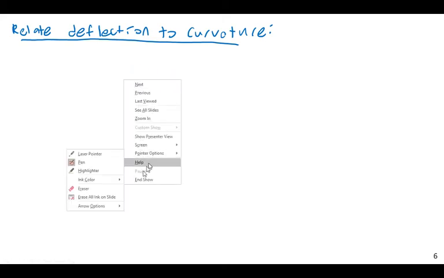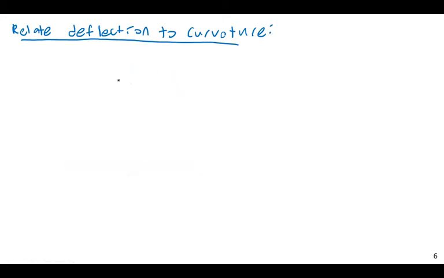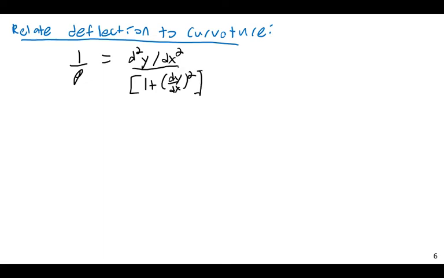Now, I have this relationship that you can find in a calculus textbook. 1 over rho, or 1 over radius, is equal to d squared y over dx squared over 1 plus dy over dx squared, and all of this to a lovely 3/2 power. Isn't that nice?